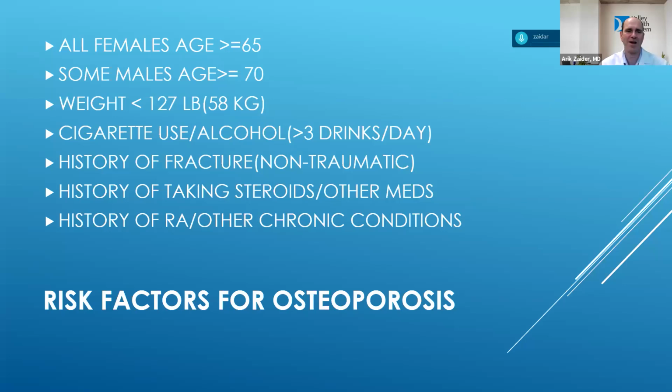Any fracture, as we said, we should really have a slogan that says fracture equals osteoporosis and osteoporosis equals fracture. So the presence of fracture is a big risk factor. And there are certain medications, as many of you probably know, that have a particularly high risk of osteoporosis, including steroids. Prednisolone are a prime example.